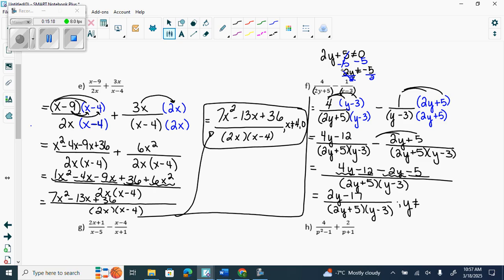And y can't equal negative 5 over 2. And then I have y minus 3 can't equal 0. Add 3. y can't equal 3. And I have to follow behind that, comma, y can't equal negative 5 over 2 and 3.